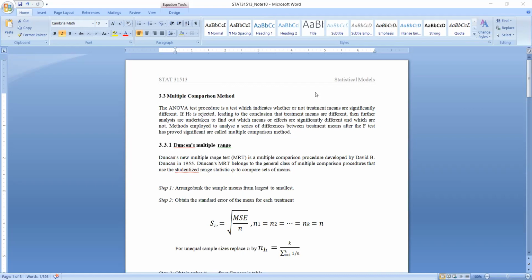By conducting this test, we can find out which treatment means are different and which treatment means are equal.